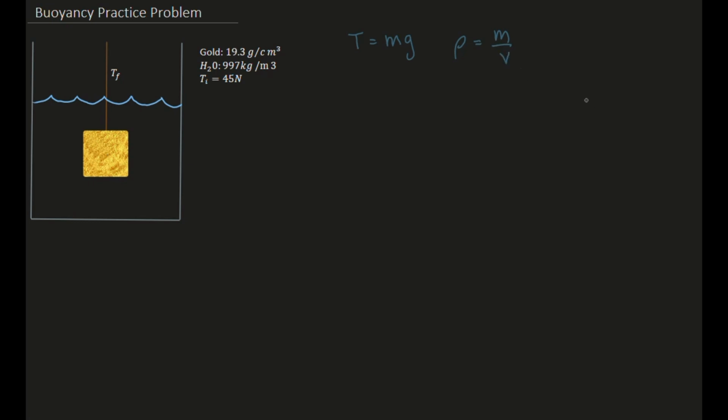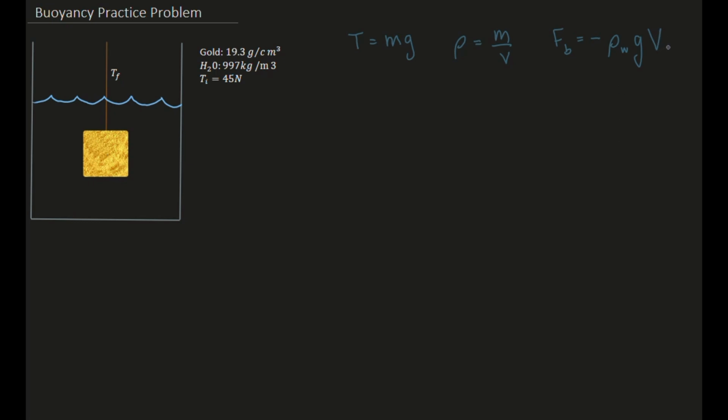And third, the buoyancy force is equal to the negative, which is there to show it's an opposing force, of the density of what it's being submerged into, in this case the water. I'm going to write a W as a subscript so we don't mix up our densities, times the gravitational acceleration times the volume of the object that is being submerged, in this case the gold.